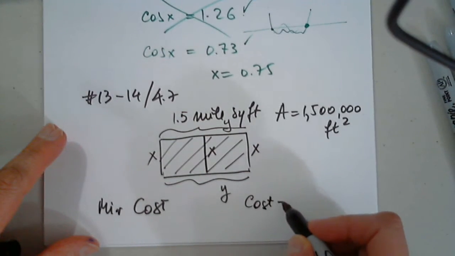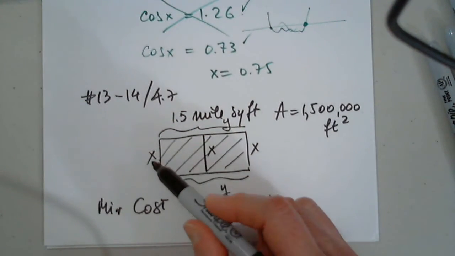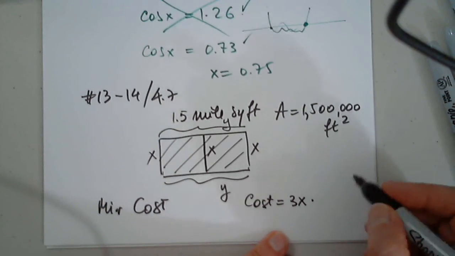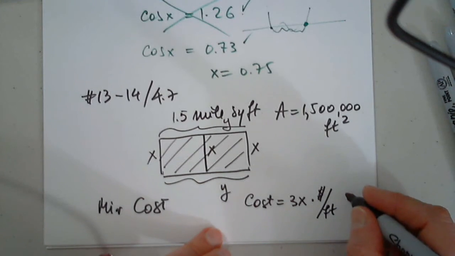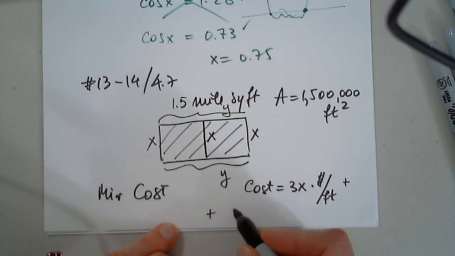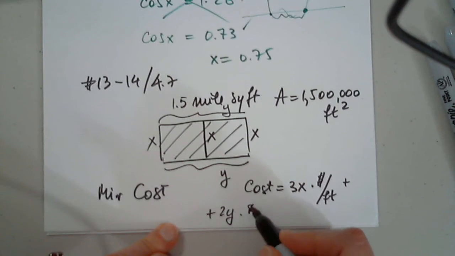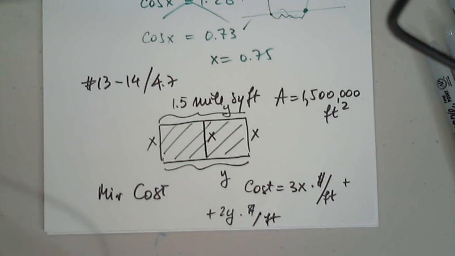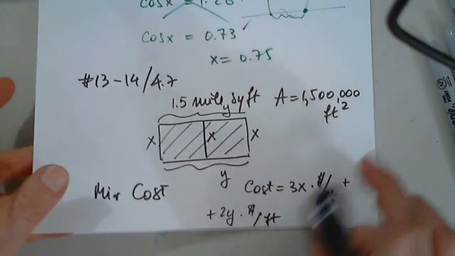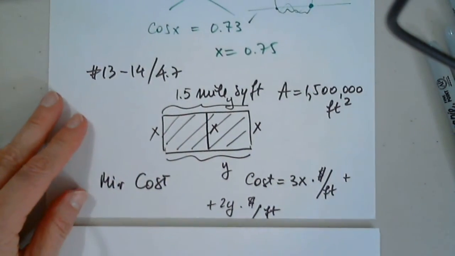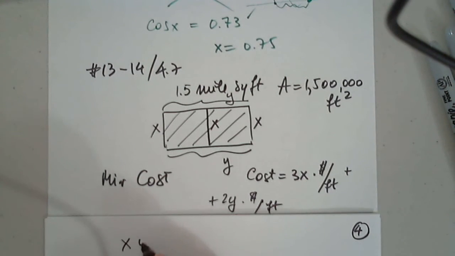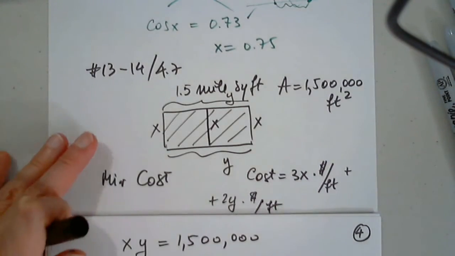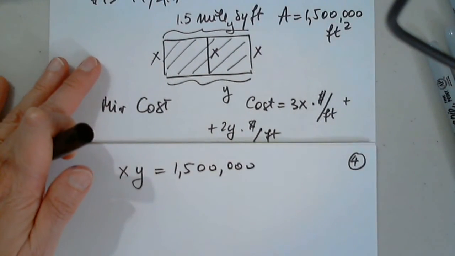The cost for the fence will be 3x multiplied by dollars per foot, which I don't know what it is yet, and plus 2y times dollars per foot. We know that the area has to be 1.5 million, so x times y must equal 1.5 million.